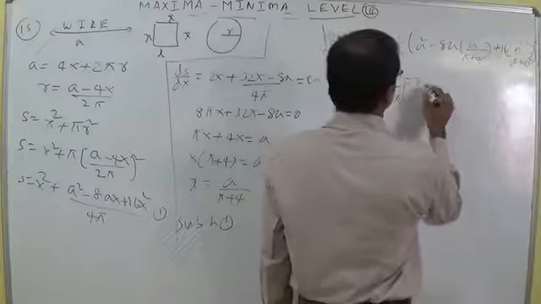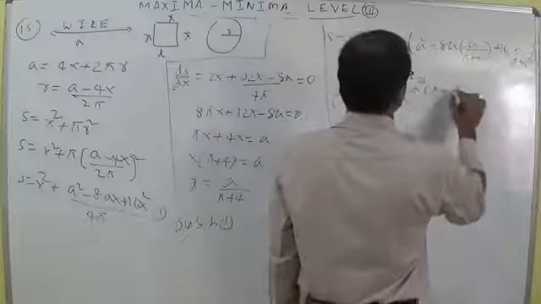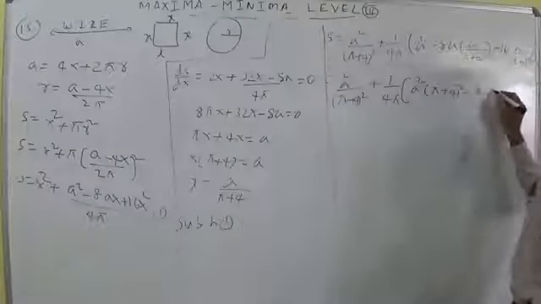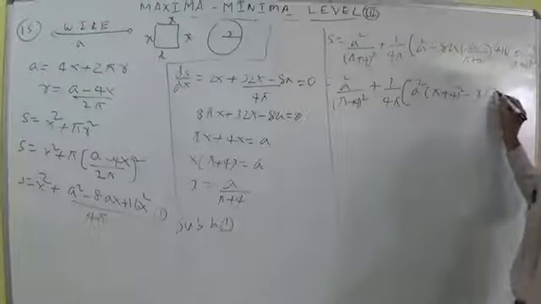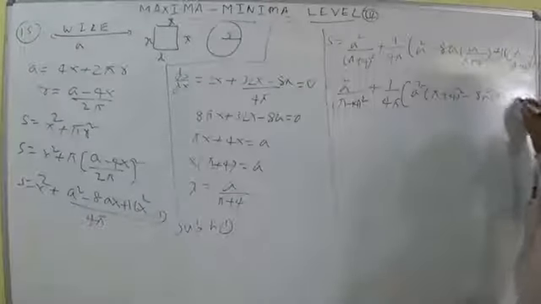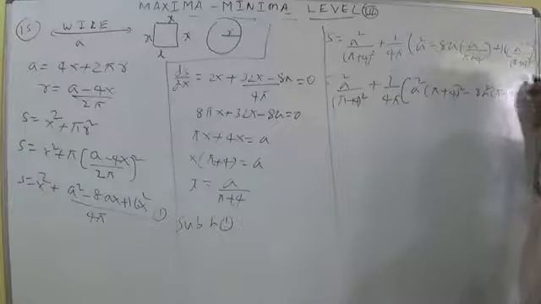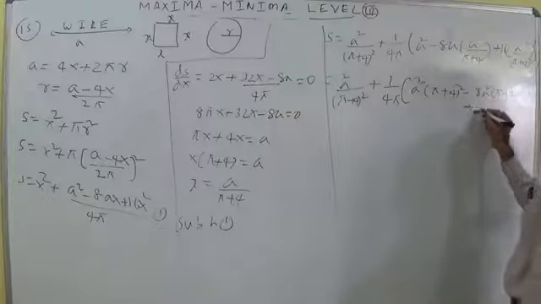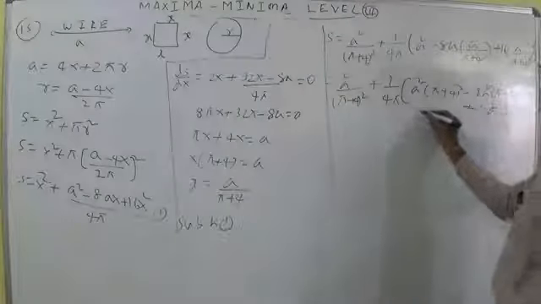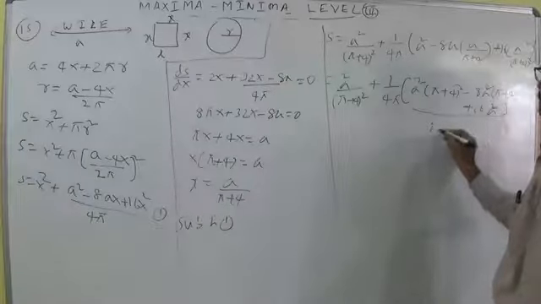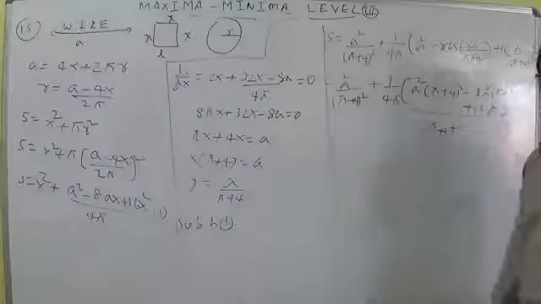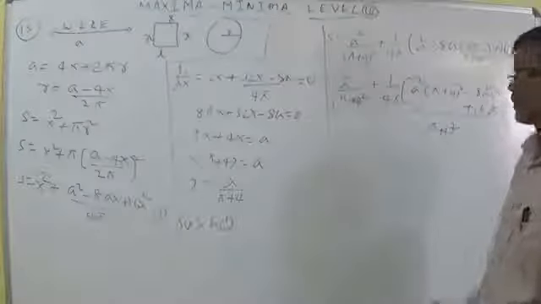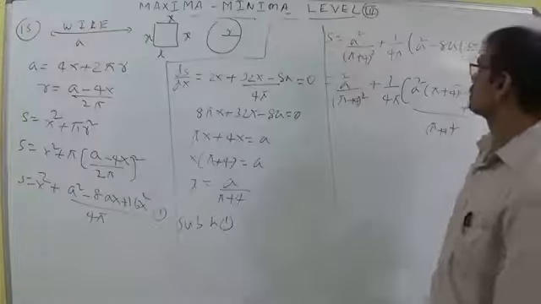1 by 4 pi into, take an LCM here, a square into (pi plus 4) whole square minus 8a square into (pi plus 4) plus 16a square, whole by (pi plus 4) whole square. a square by (pi plus 4) whole square is there.